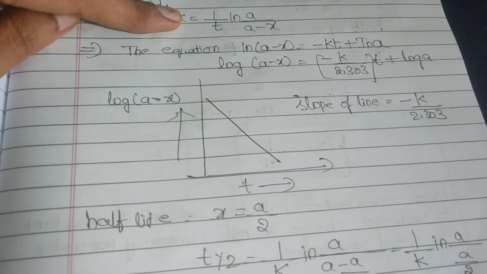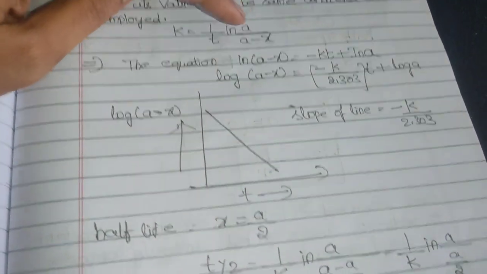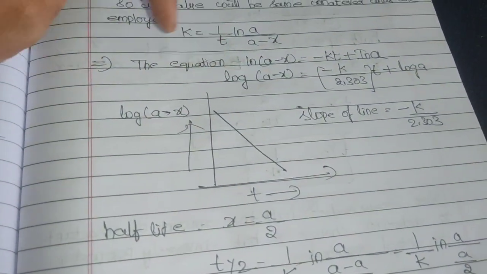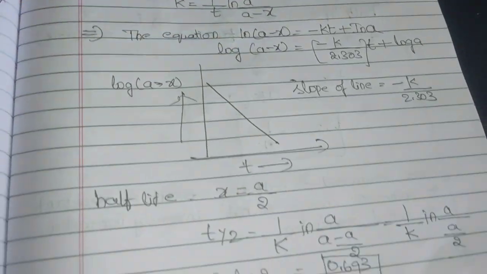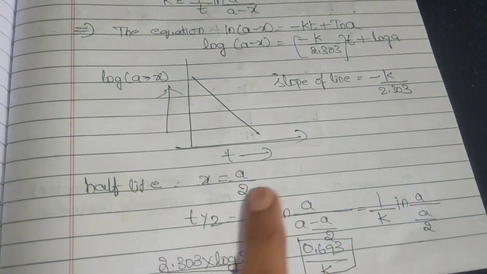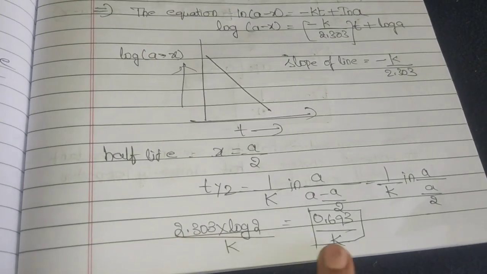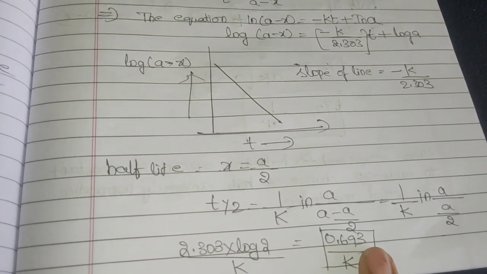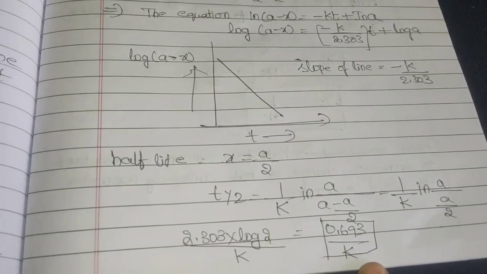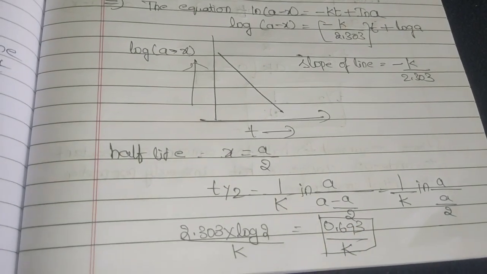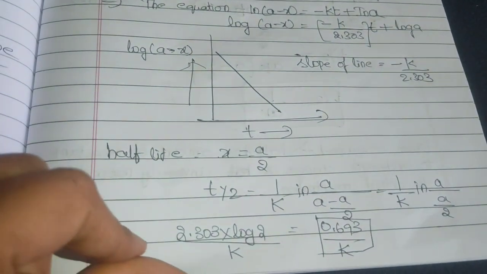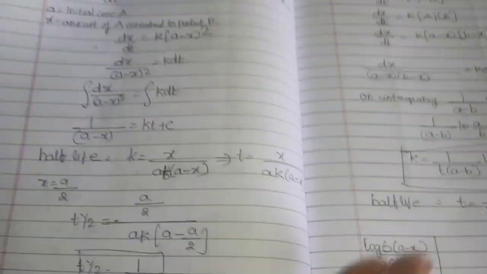We know K is equal to 1 by t ln A by A minus X; we shifted t to one side and K to the other. So T half is equal to 1 by K ln A by (A minus A by 2). By doing all that, we will get 0.693 by K. So this is the half-life of the first order reaction.